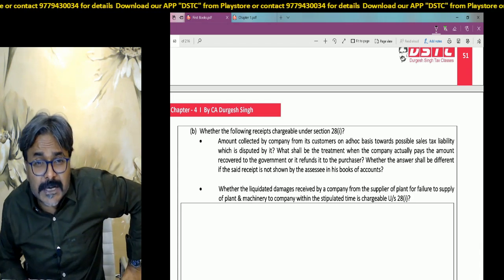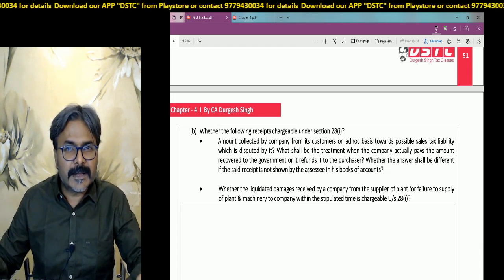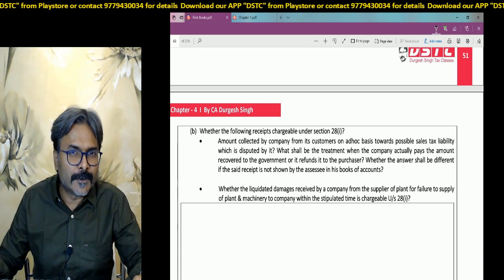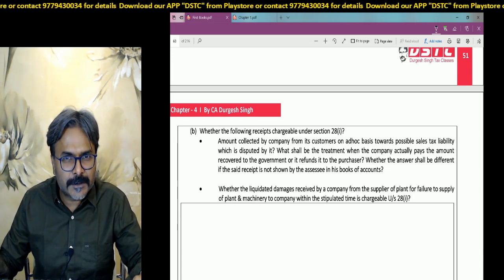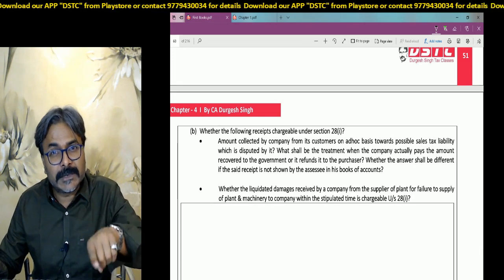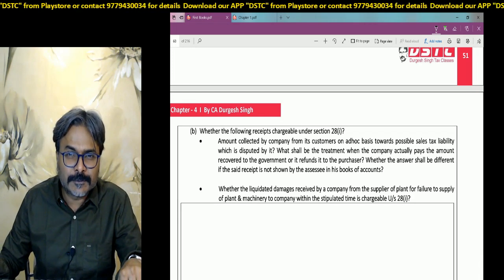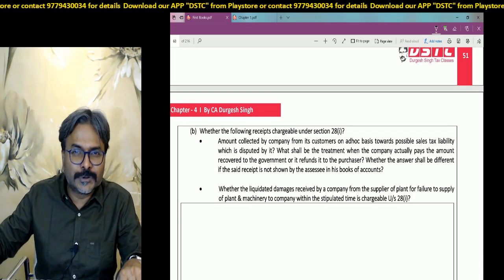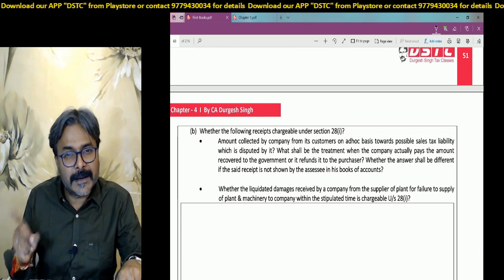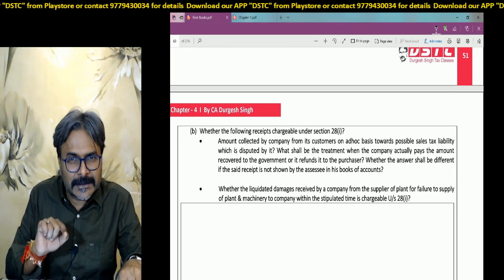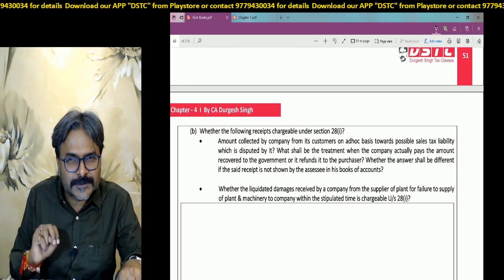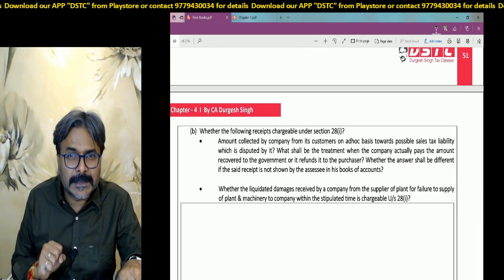One ICDS which we have referred to in the class was ICDS number 4. In ICDS number 4, the first particular part which you have learned was that the items covered for revenue recognition in ICDS 4 are essentially to do with what? To do with PGBP and IFOS. We have seen that there is no item chargeable under the head salary or the head house property, or for that matter even capital gains.